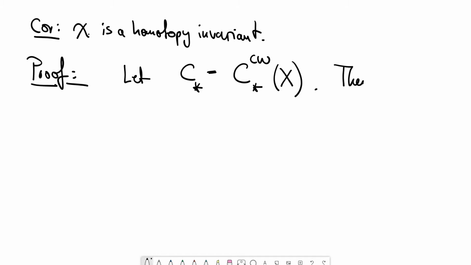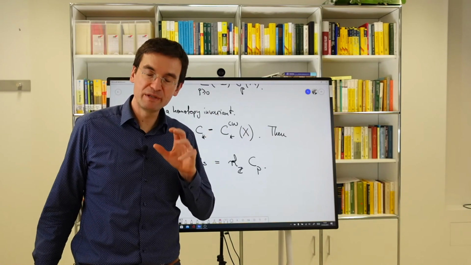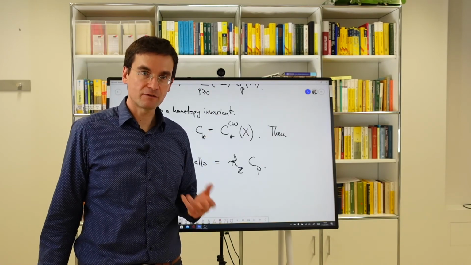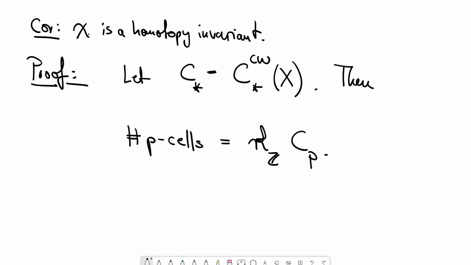And note that the number of p-cells that appears in the definition of the Euler characteristic is just the rank of C_p, because the cellular chain complex in degree p is the free abelian group on the p-cells, and therefore its rank is just the number of p-cells.